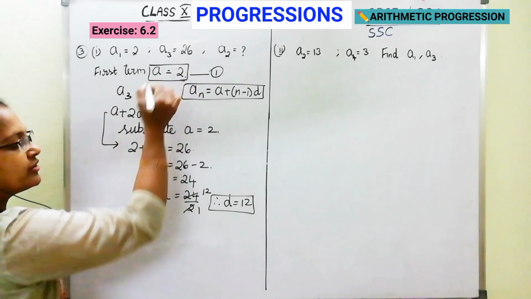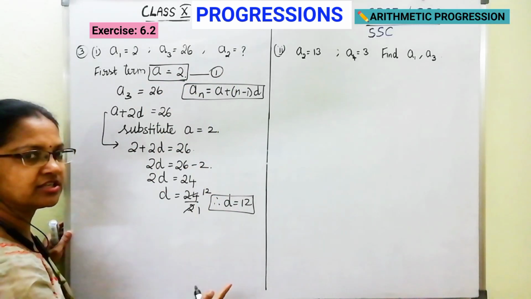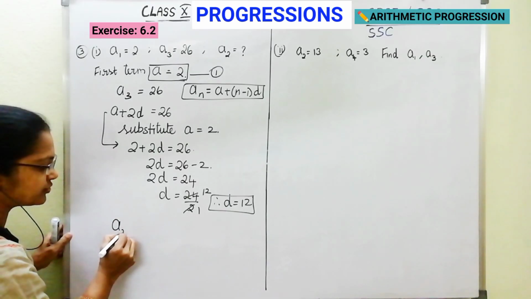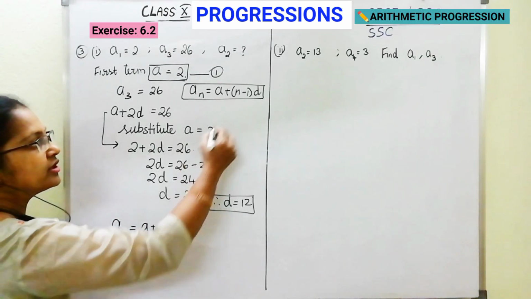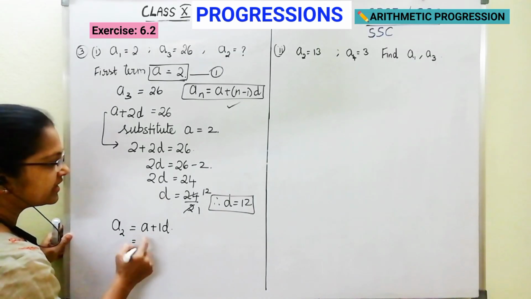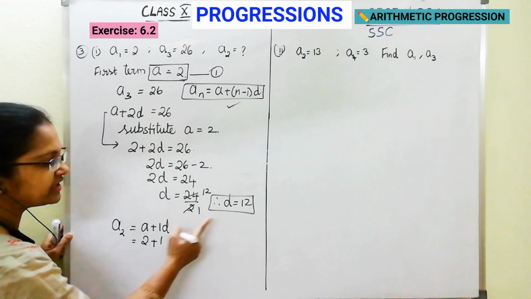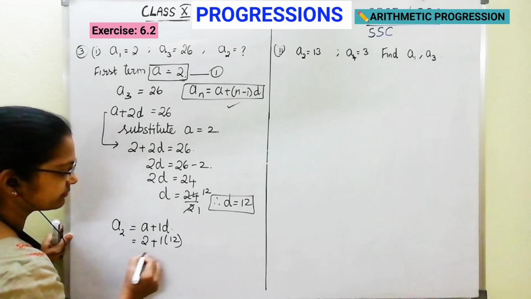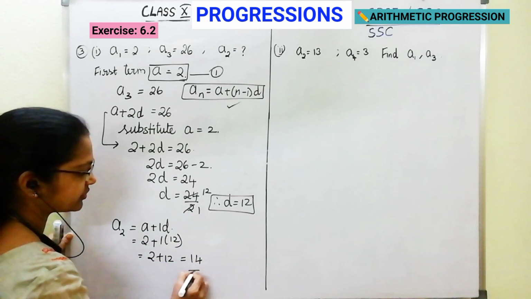We know A value, and after calculating D, A and D are ready. We can calculate any term. They are asking A2. A2 is equal to A plus 1D according to this general formula. A is 2 plus 1 into D is 12. So it is 2 plus 12, which is equal to 14.